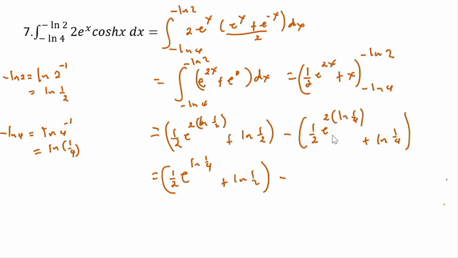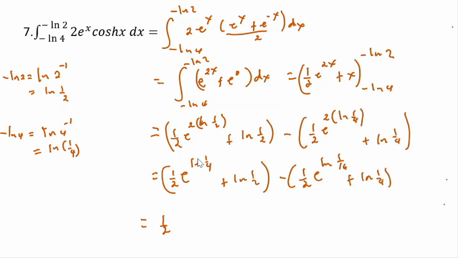So the exponent of e, which is 2 times ln of 1/4, can be written as ln of 1 over 16, because the square of 1/4 is 1 over 16. So I will write now 1/2 of e raised to ln of 1 over 16 plus ln of 1/4.